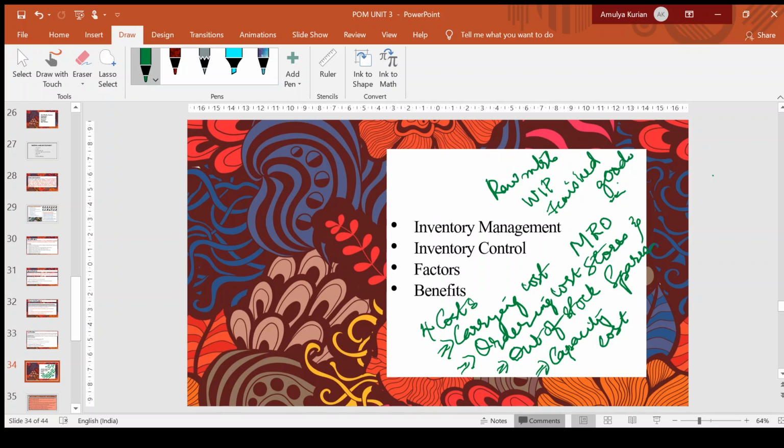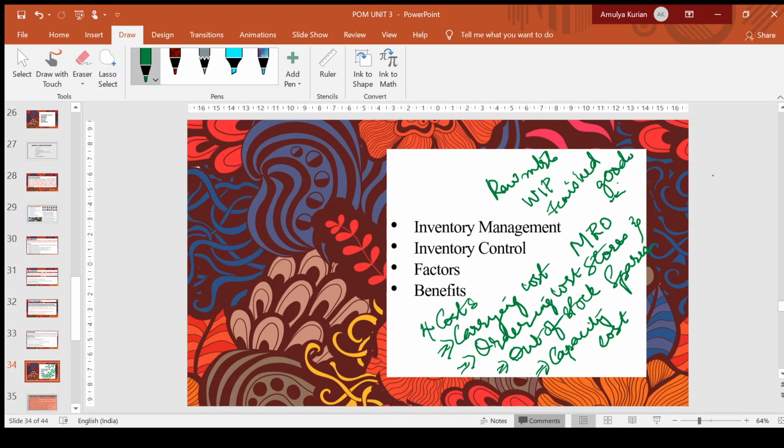So first one, carrying cost. It is the cost connected directly with the materials. Like one is obsolescence. That means the thing is not being currently used or it is outdated. That is a cost directly linked with the materials, or pilferage, when you are taking the materials from one part to another and many quantities are lost because of spillover.